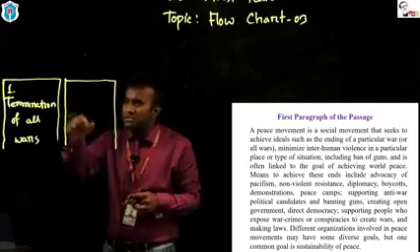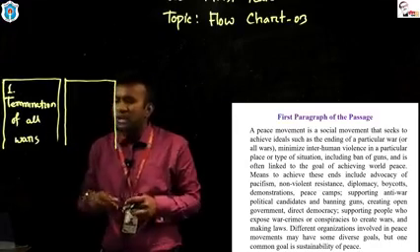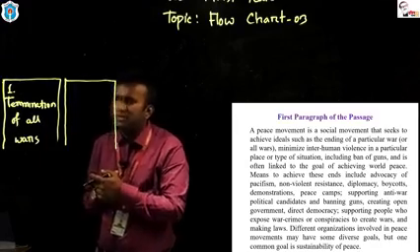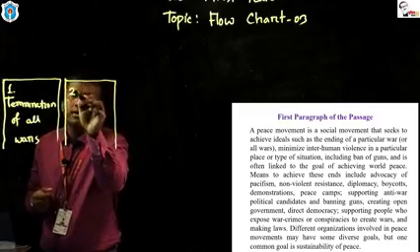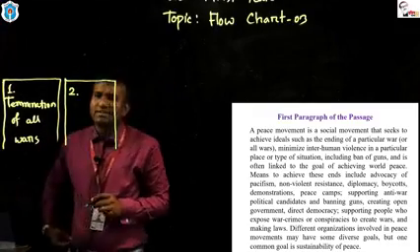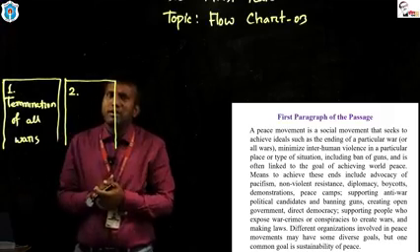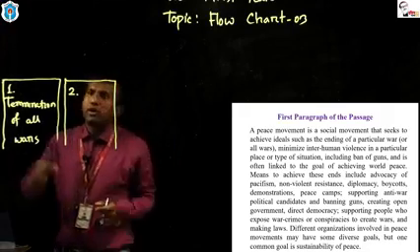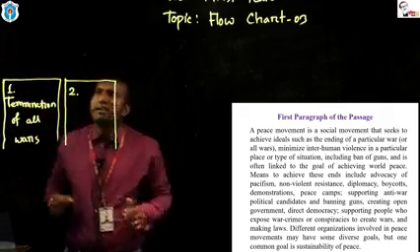I have got the first answer, termination of all wars, and the second answer is, dear students, write in the comment box what is the second answer of our flowchart. Okay, let us write down the headline.